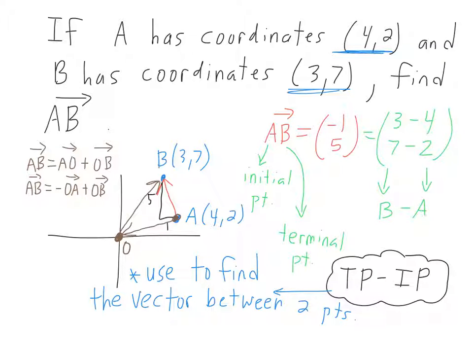And this negative OA is really the negation of your initial point, because remember A was your initial point, plus this OB, that's really point B, your terminal point. So you can see here that we flip these, TP minus IP. This is the idea of using vector addition to confirm that we really have the ending point minus the starting point.